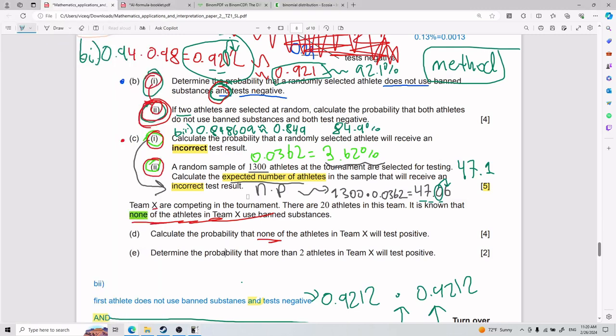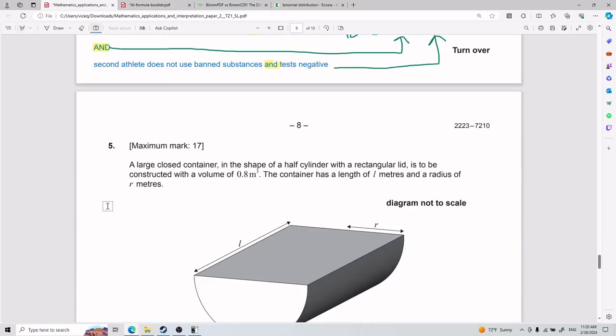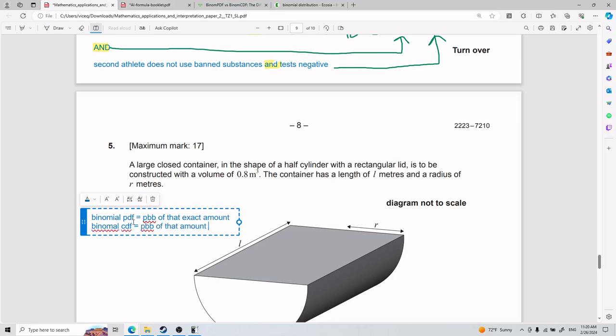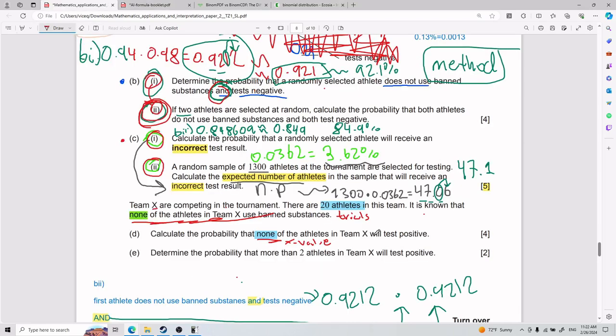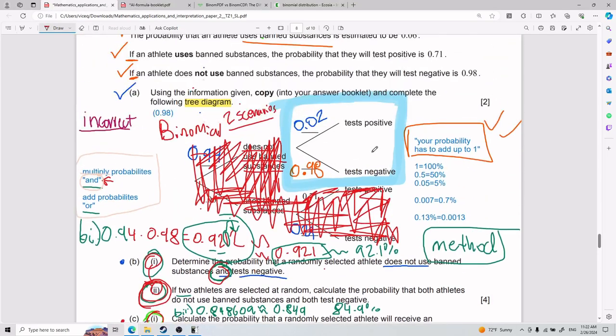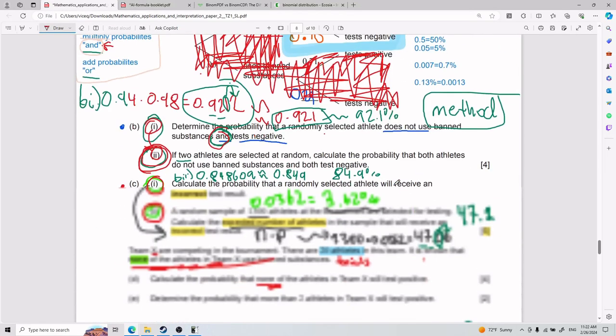But the classic, the TI-84, we have that the binomial PDF is the probability of that exact amount. And binomial CDF is the probability of that amount or less. As I was saying, we're in the world of either testing positive or testing negative.